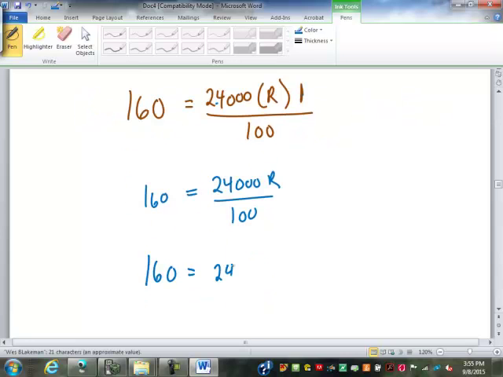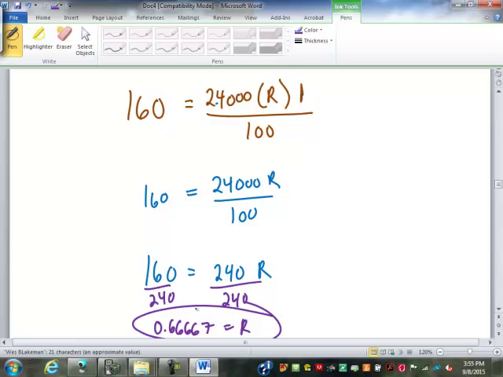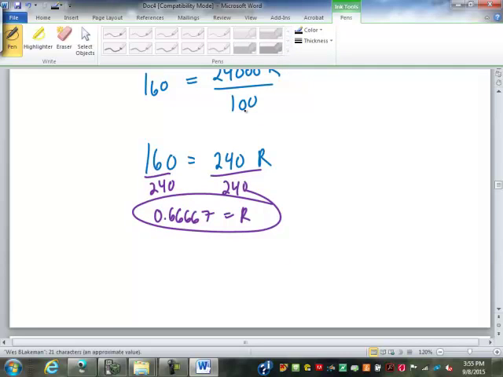So 240 equals R. Now we go to divide here. We're going to divide by 240, which will give us 0.666667 is R. Bad example. That should have come out to a whole number percent. But, oh well. 2/3 of a percent basically is what that's coming out to be.